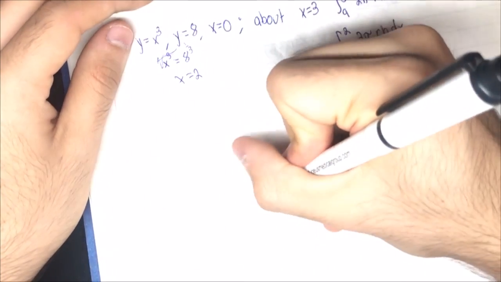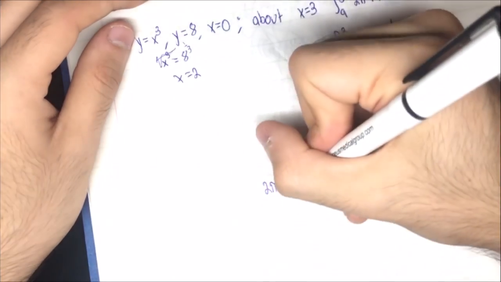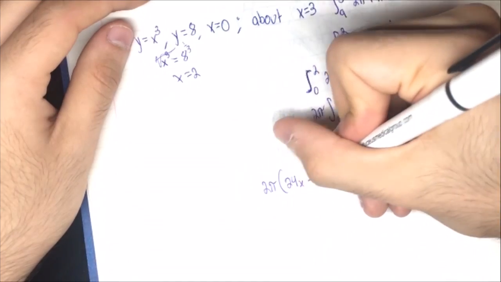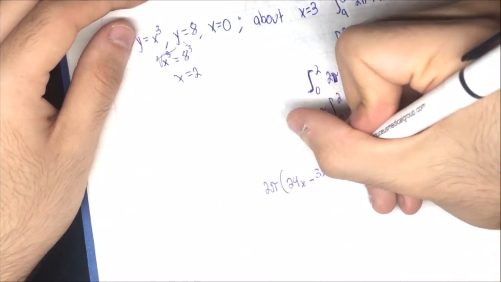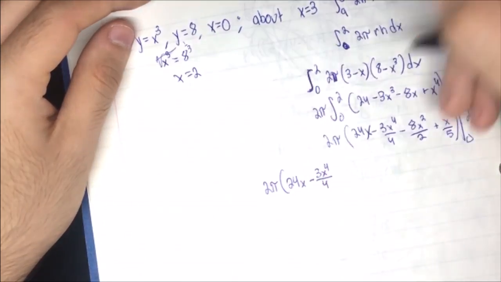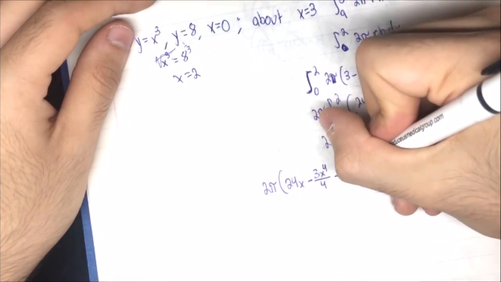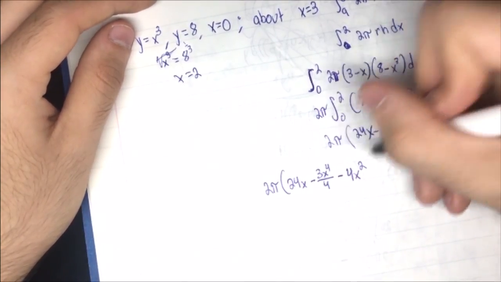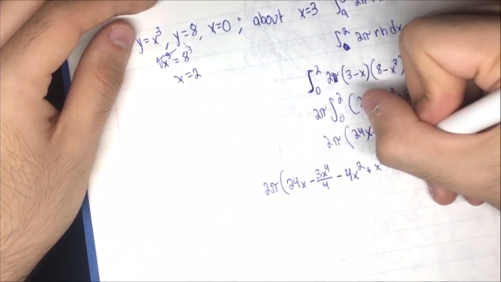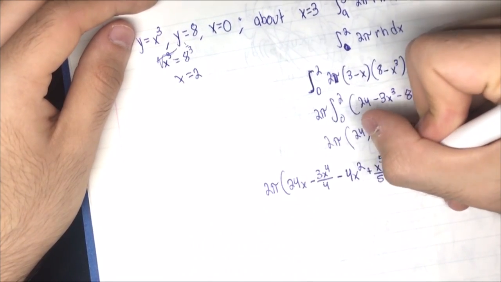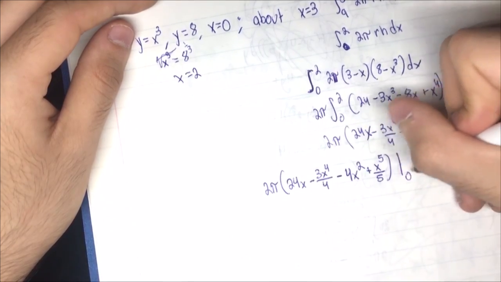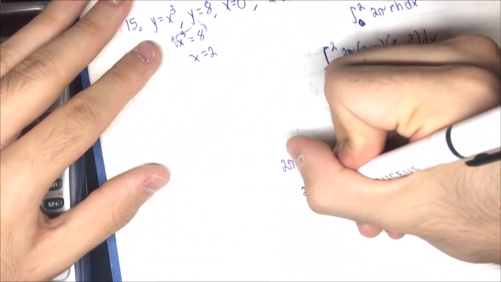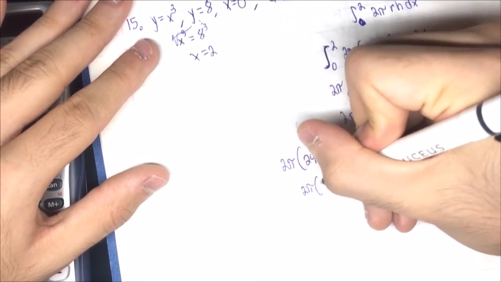So let me just rewrite this one more time. 2 pi, 24x minus 3x to the 4th over 4, and then this is the part that simplifies, 8x squared over 2 is 4x squared, plus x to the 5th over 5. Alright, from 0 to 2, so we plug in the 2 first. 24 times 2 is 48.